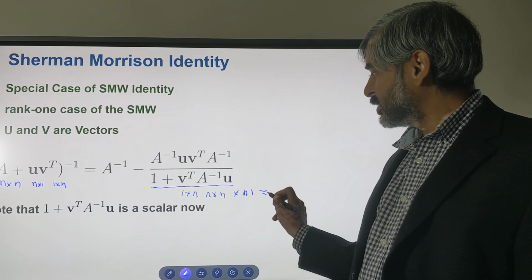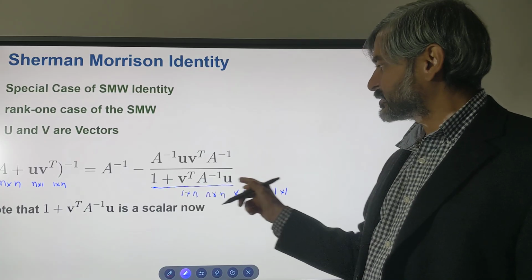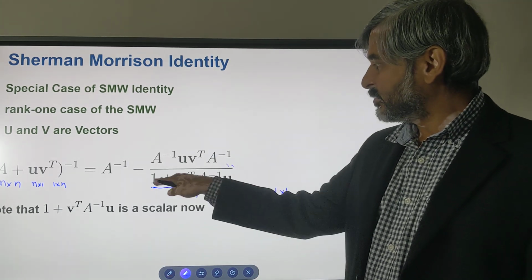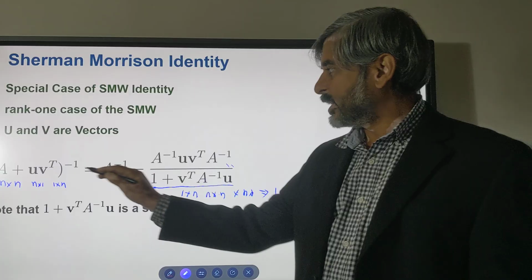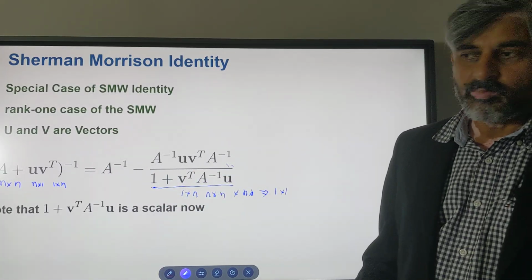So essentially you will find that this is a 1 by 1, or simply a scalar. So this whole thing will be divided by a scalar, let's say k, and that will give you a simplified expression.